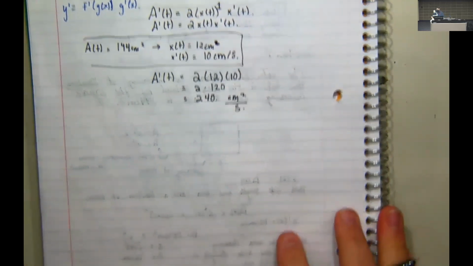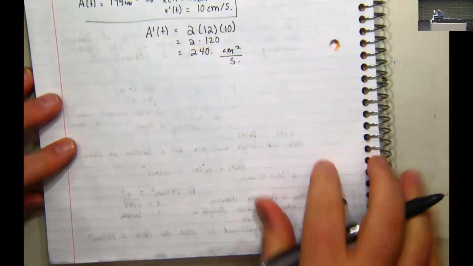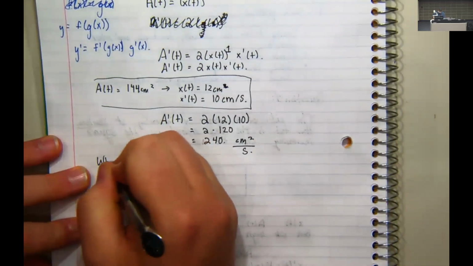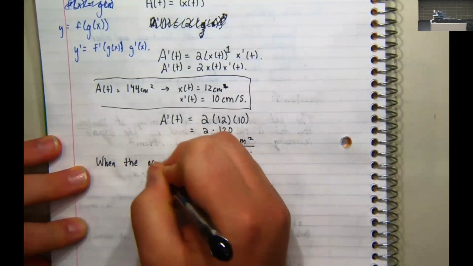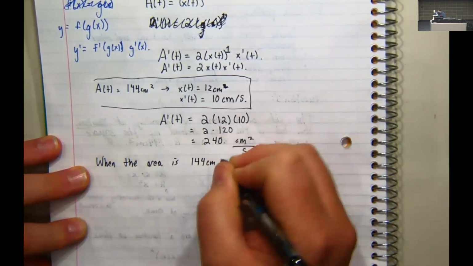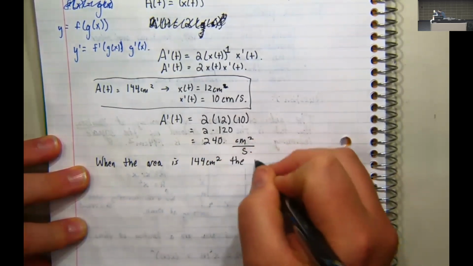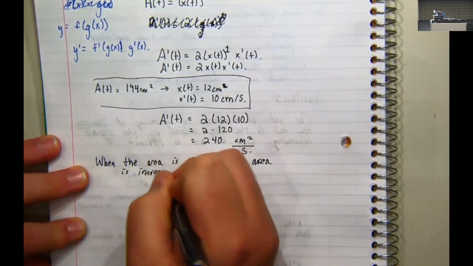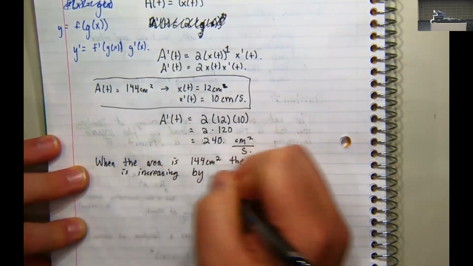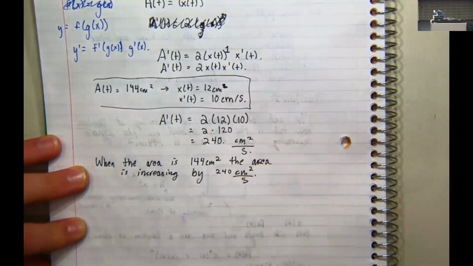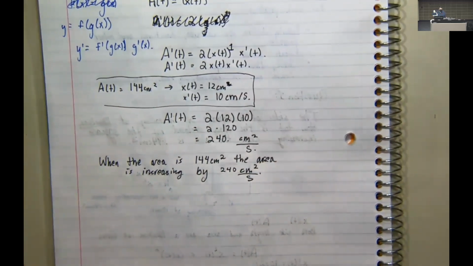And so we can say that when the area is 144 centimeters squared, the area is increasing by 240 centimeters squared per second. And that would be our solution to that problem.